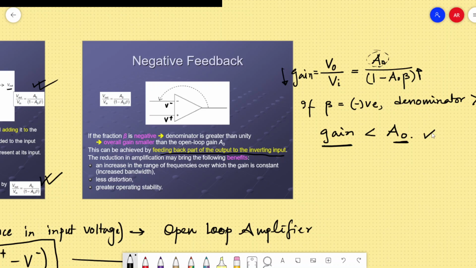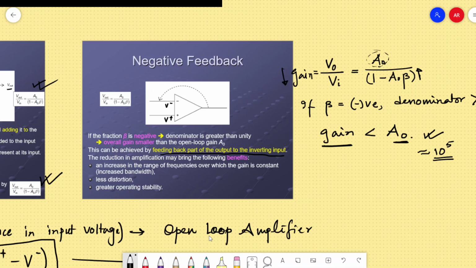Why do we need the gain to be smaller than the open loop voltage gain? Because the open loop voltage gain is of the order of 10 to the power 5, such a high value, which is why the amplifier gets saturated, isn't it?